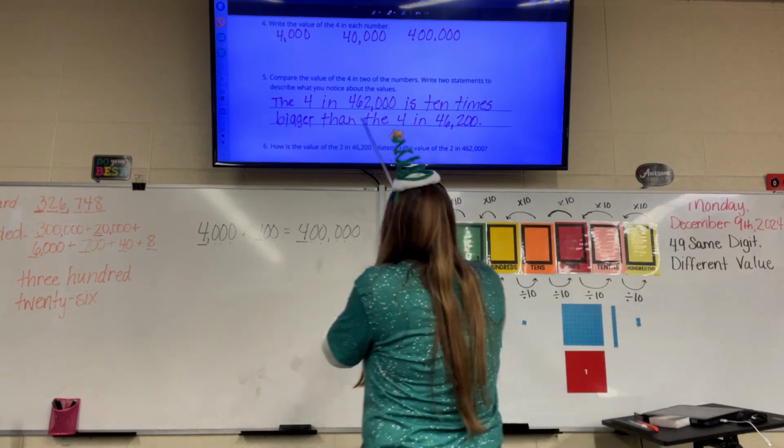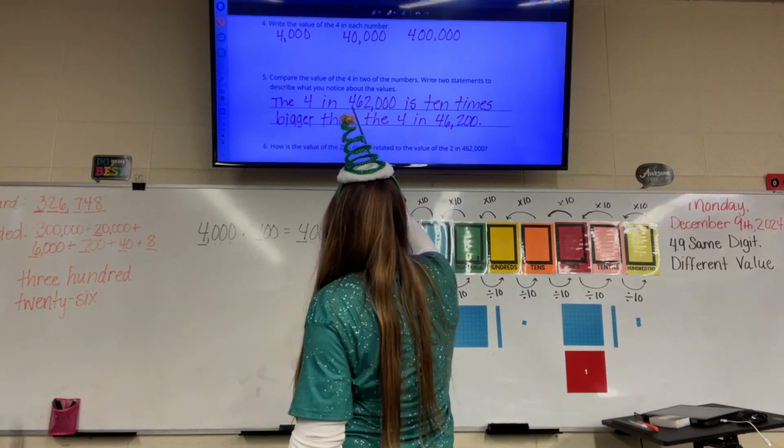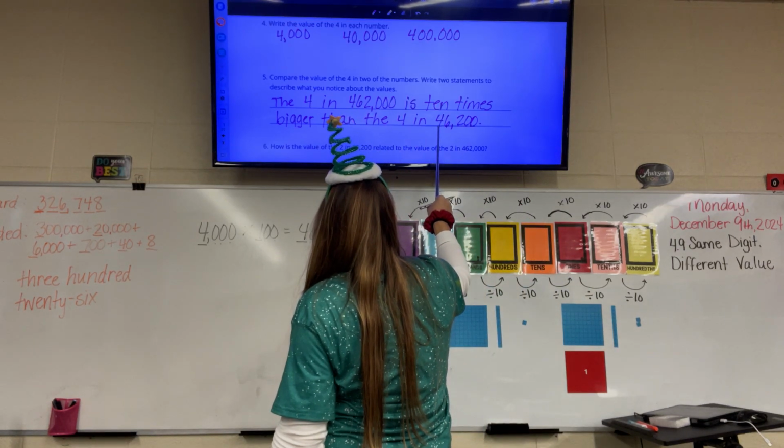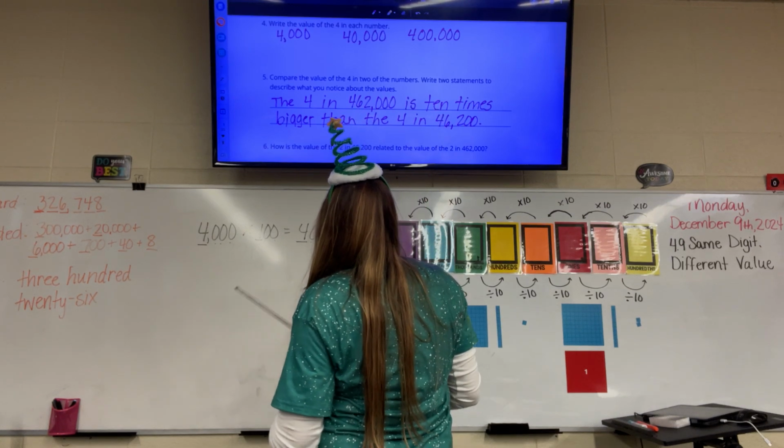Okay, so see that 4 is worth 400,000, that's 40,000, so this one's 10 times bigger.